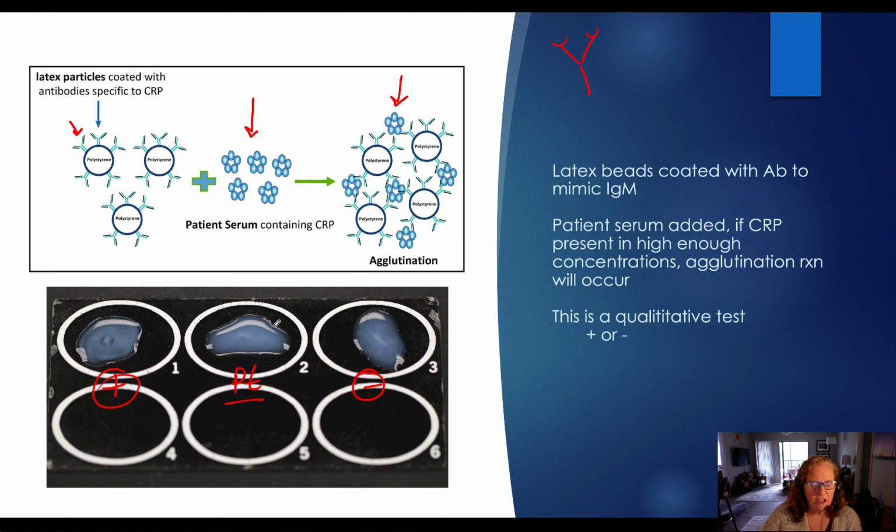We have a small collection in the center, but for the most part, it's very milky and opaque, very similar to the negative reaction. On the left is a positive control, and the positive control has a very rigid outline and is kind of grainy. We can see the agglutination is certainly starting to occur in this sample. So in this case, we would consider our patient to be negative for elevated CRP levels.